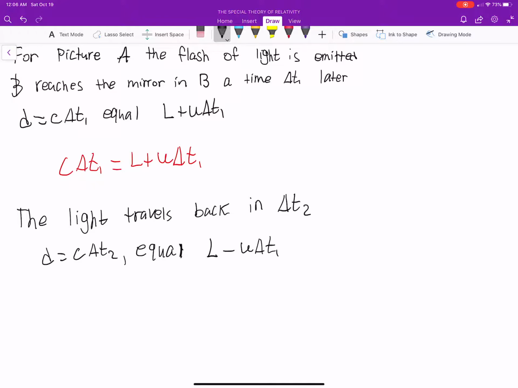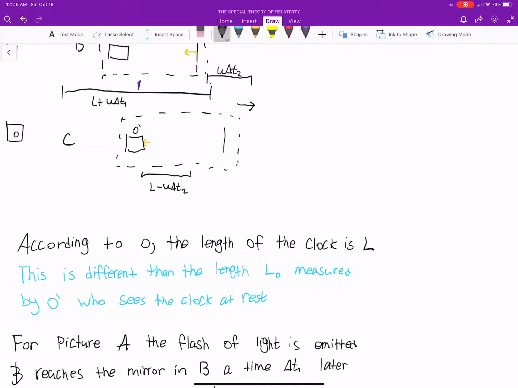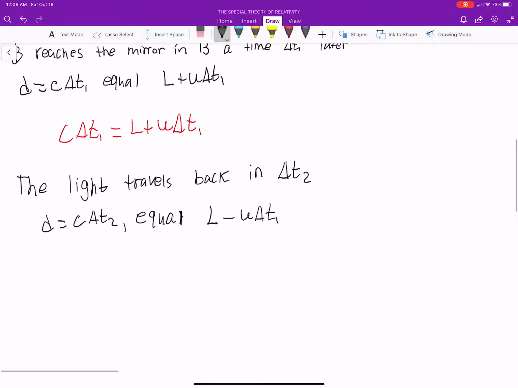So it's traveling less of a distance now, and you can kind of think of it from light's perspective. It's like this whole bit is moving towards you. So there's a shorter distance it really needs to travel. So I'll use this in red too. We can say c times delta T2 is equal to L minus u times delta T2.